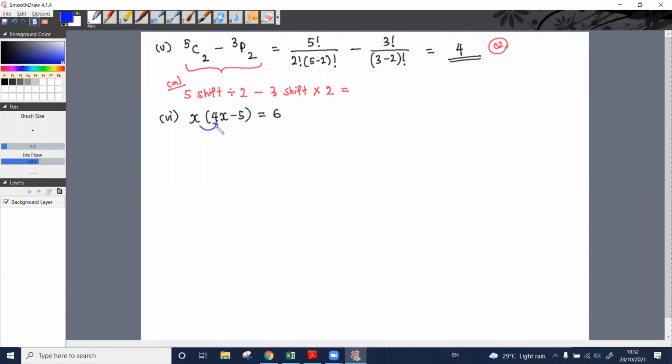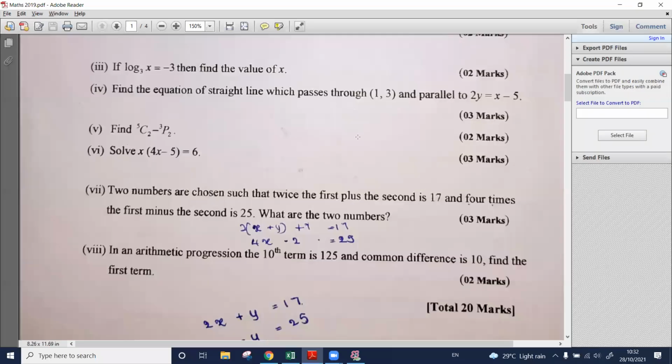Right? x into 4x, that is 4x squared. x into minus 5, that is minus 5x equals 6. Take this 6 to the other side, then it will become what? 4x squared minus 5x minus 6 equals 0. Right?